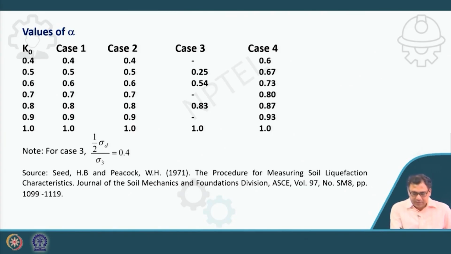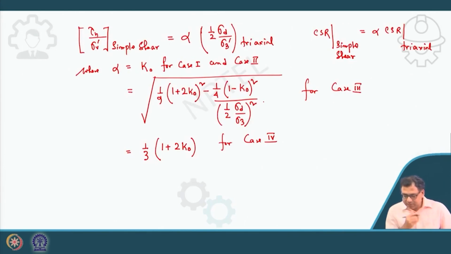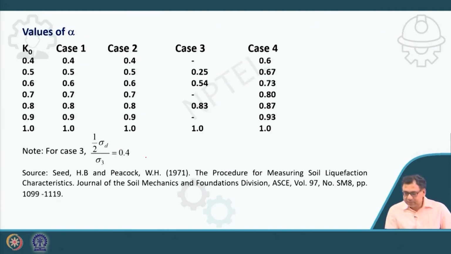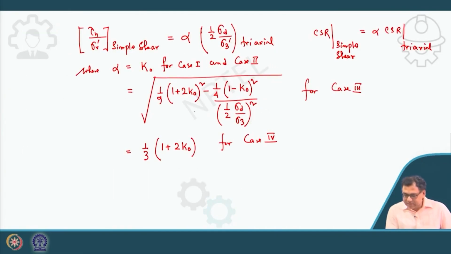For case 2 and case 4 also it is easy to determine because it is only 1/3 (1 plus 2 k0). If k0 is 0.4, it will be 1.8 divided by 3, so it will be 0.6. So this is 0.6 for 0.4. But determination of alpha for case 3 is slightly difficult.